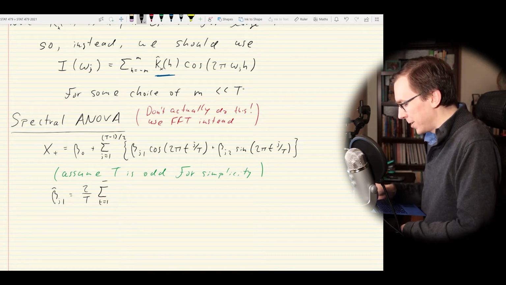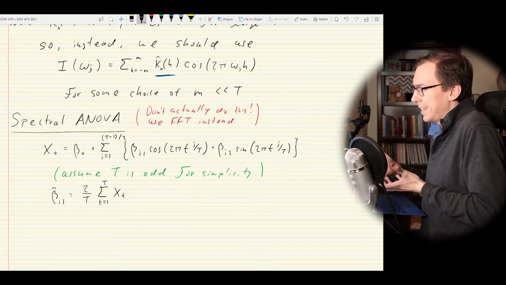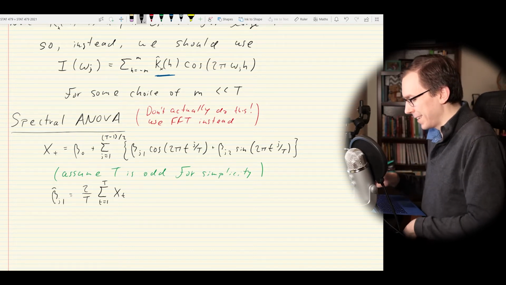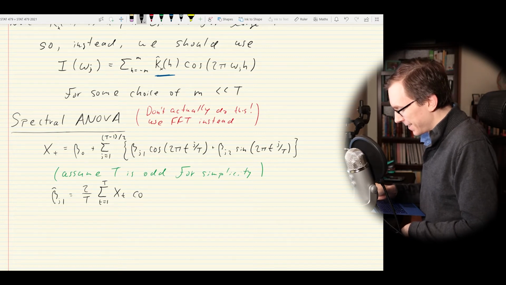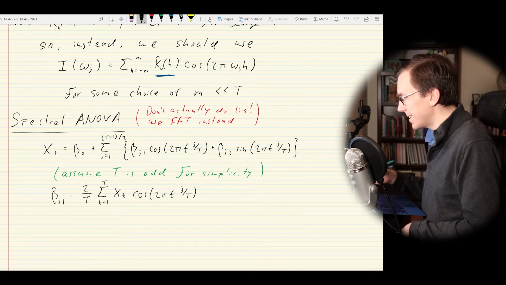mathematically, I can write it down with no trouble and find out that it's just going to be the sum of, in some sense, the dot product of the data vector x with the cosine vector cosine 2 pi t j over T, to emphasize that j and capital T are linked.